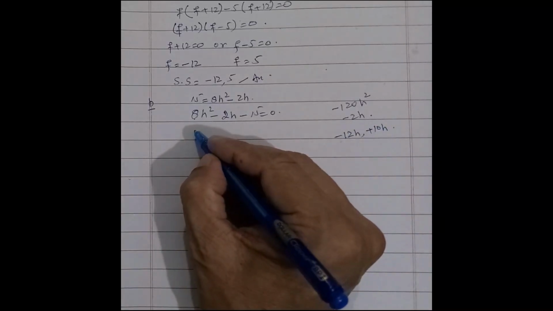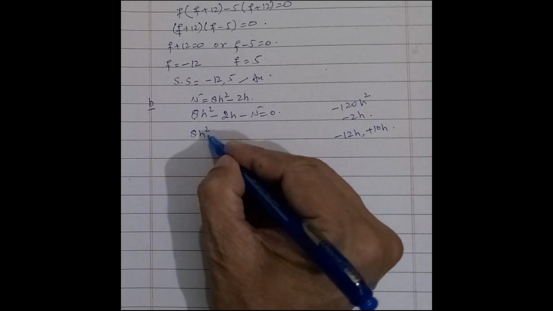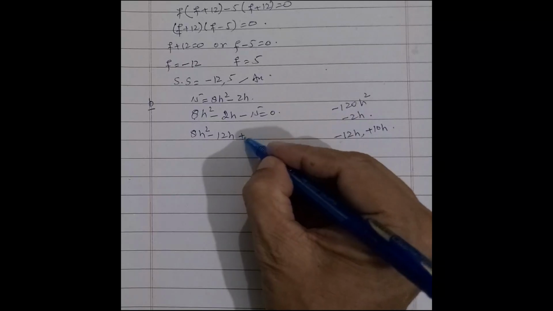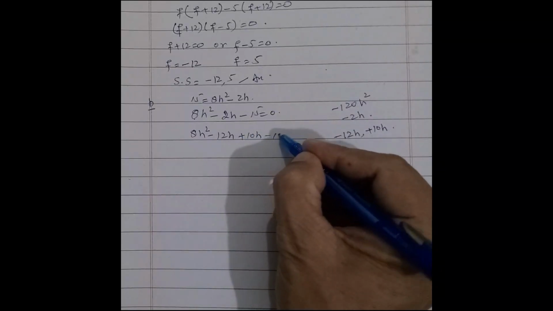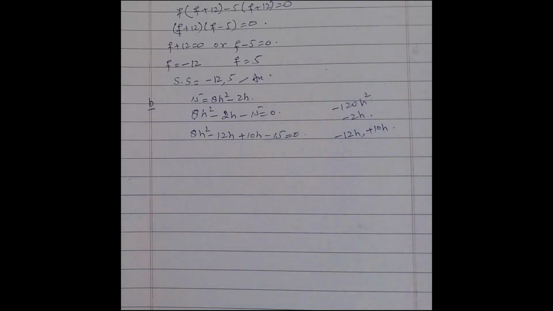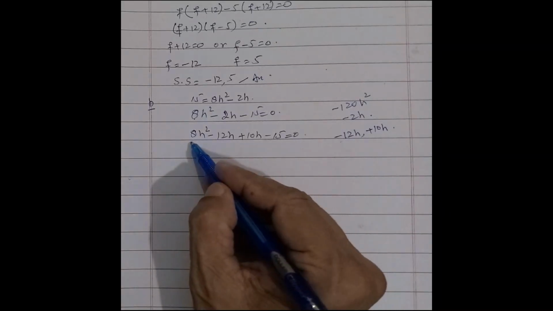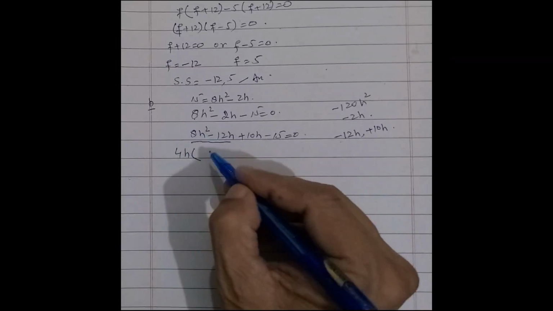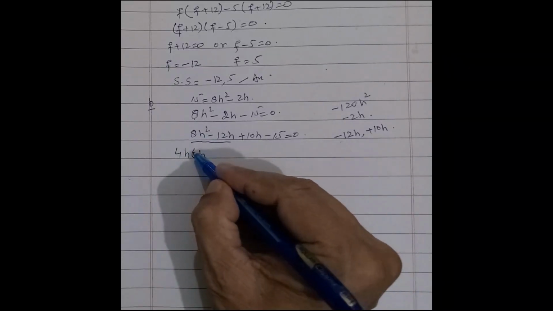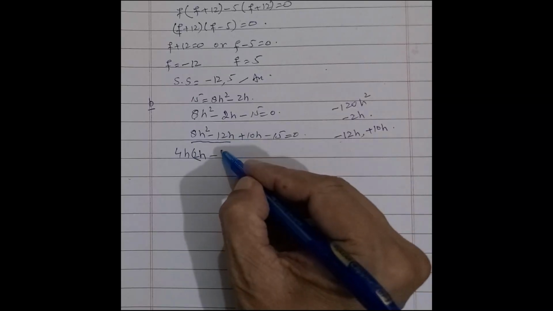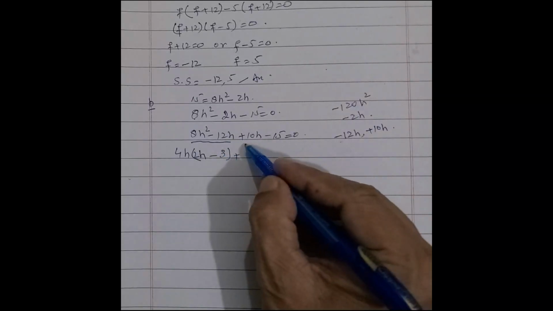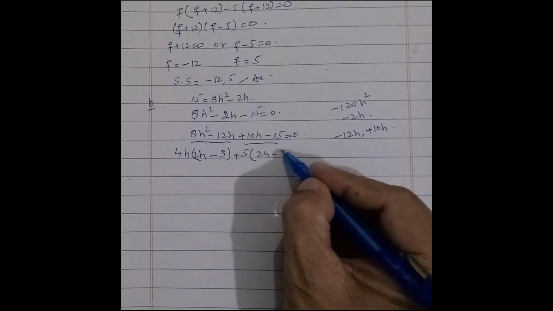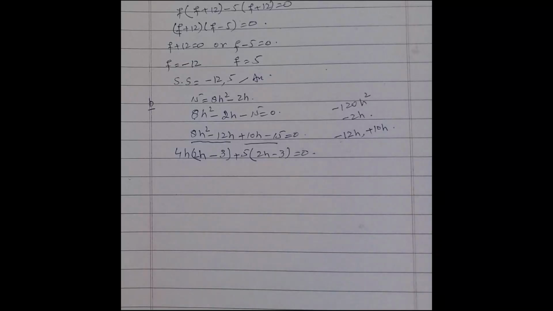Now we put these values in the question: 8h square minus 12h plus 10h minus 15 is equal to 0. Simplify it. Take common 4h, the remaining value is 2h minus 3, and take 5 common, 2h minus 3 is equal to 0.